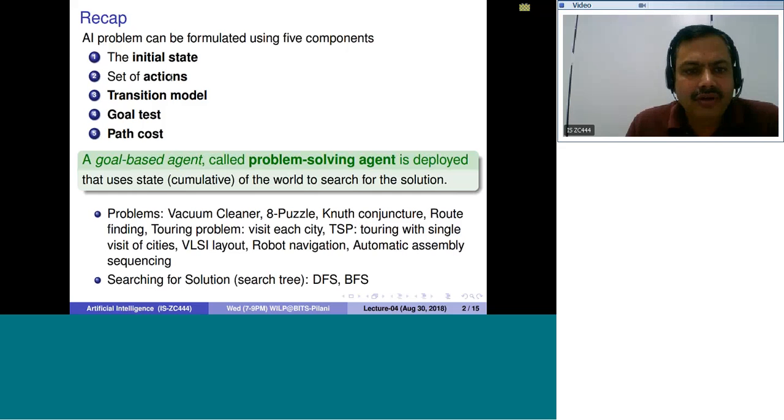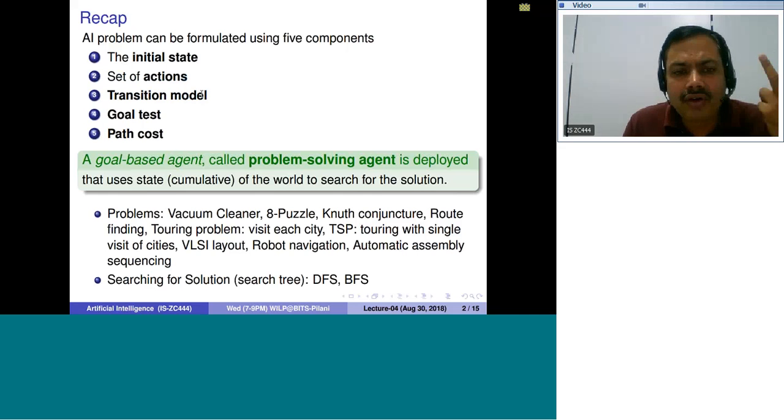Most of the time, for example in this case, this set of actions would not be a very large set. It would be a reasonably small set. Then we want to see what the transition is, how the system is going to make a transition. Transition means if you specify two things, number 1, what your state is and what action you are going to take, then the system should be able to tell what the next state is.